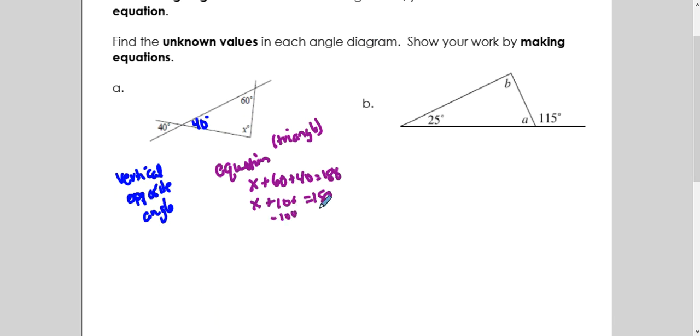Using our rules, x equals 80. Pretty good. All because we took a property that we knew and did that.